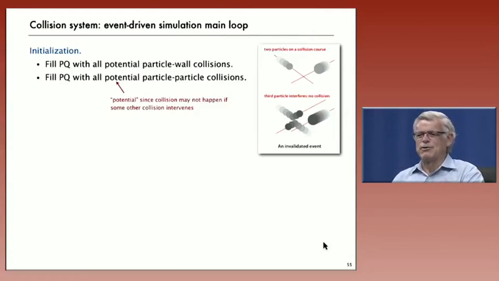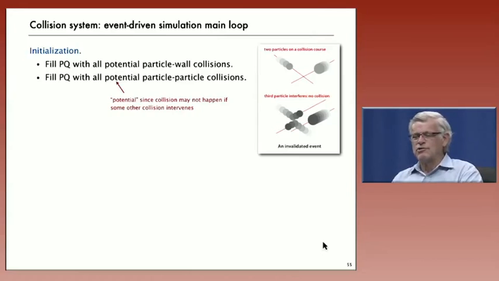But if it's going towards a wall, then we'll compute the time, and that's a time in the future. We'll put that event on the priority queue with that time as the key. And then we'll do the same thing for all pairs of particles. So we do have a quadratic initialization phase that we perform just once to get the priority queue filled up.